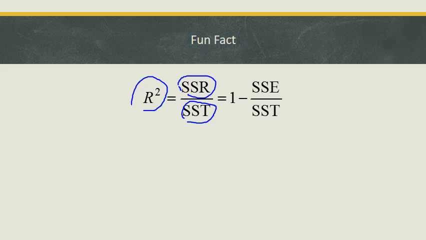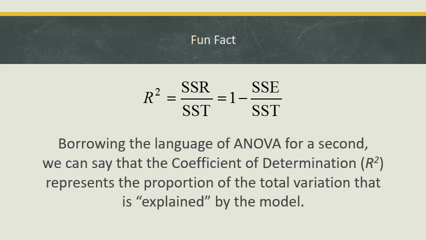This is a trivial point in simple linear regression, but it's a really important point later on. And since the regression and error add up to the total, it can also be written like this. And the regression sum of squares represents the explainable variance, while the error represents the unexplainable variance. I'll explain more about that in class, but this language of ANOVA still applies and is commonly used in research papers.